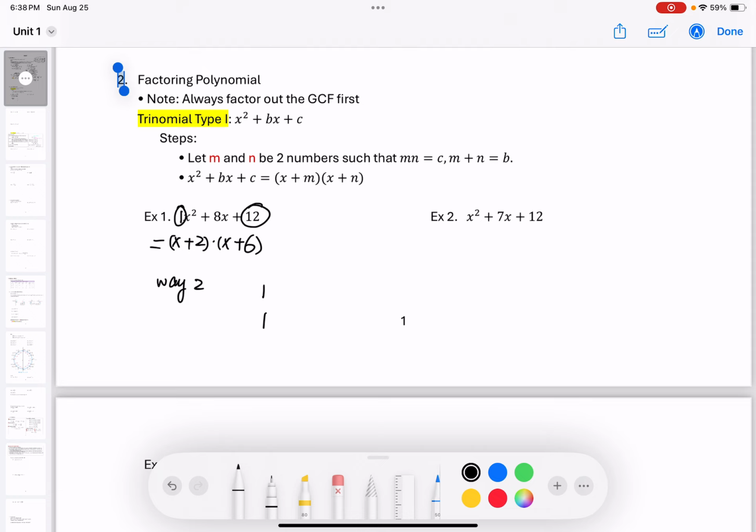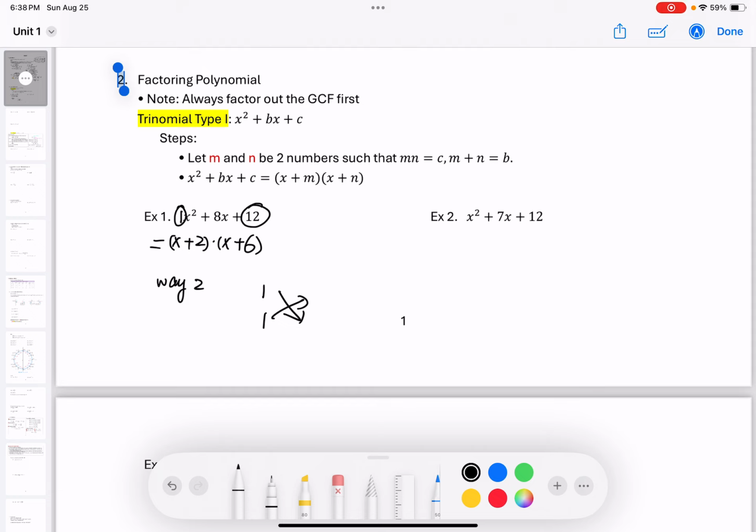The factors of 12, I can have 3, 4. We do the cross multiplication. 1 times 4 is 4. 1 times 3 is 3. Add them together, I got 7. It is not 8. So we cannot use 3 and 4 as the factors of 12.